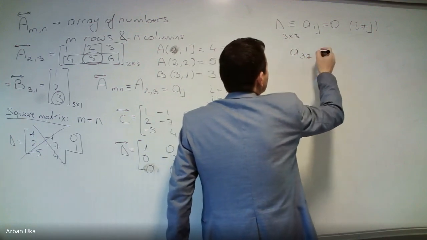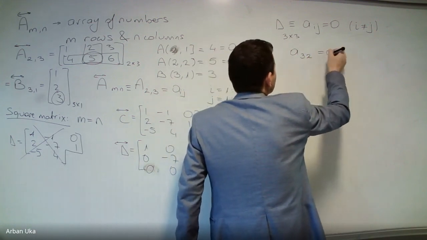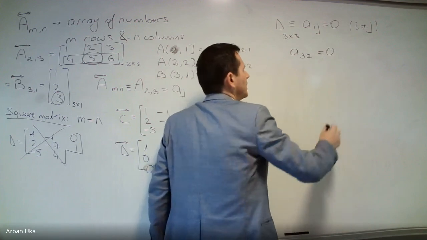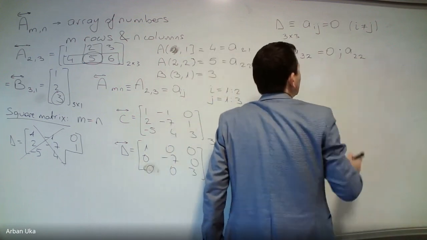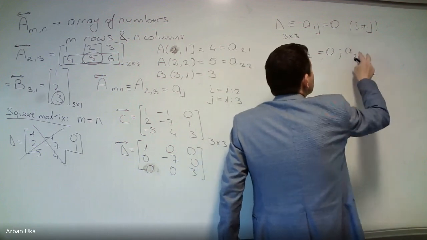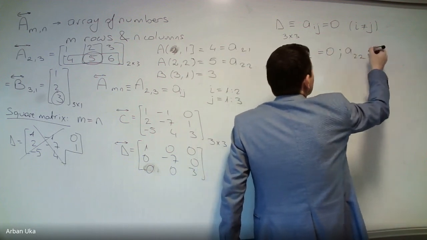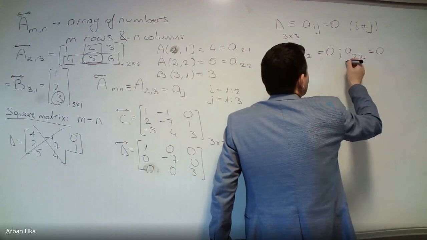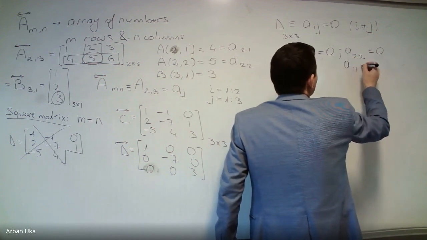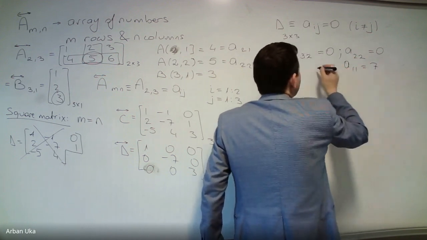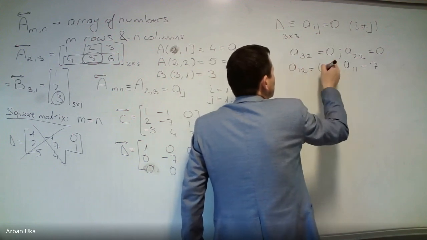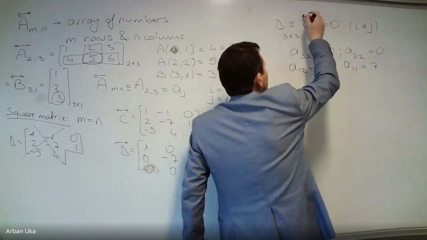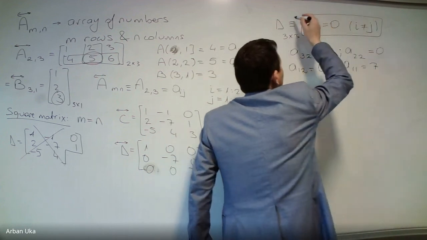If these two indices are different from each other, then this should be equal to 0, right? What about A22? This does not have to be 0, but it can be 0. We can have A11 be 7.